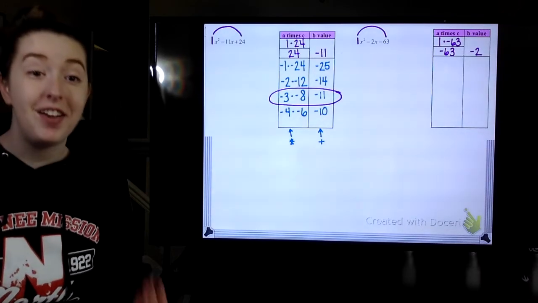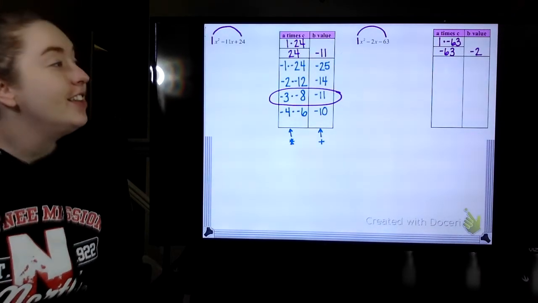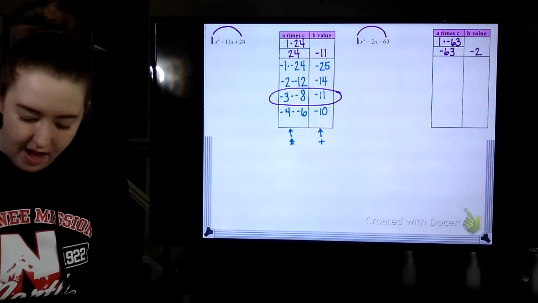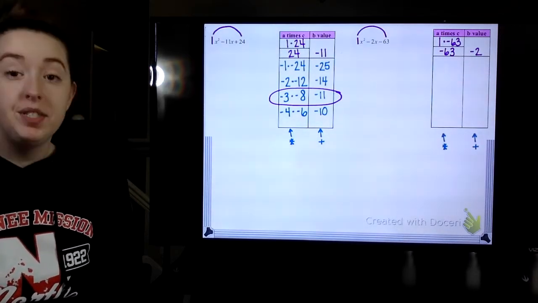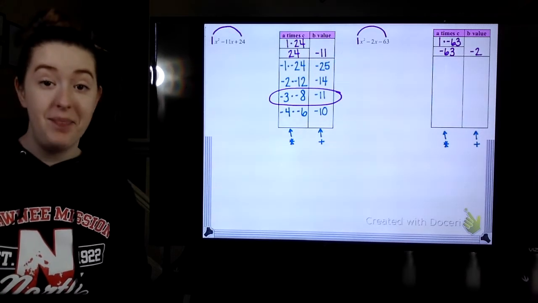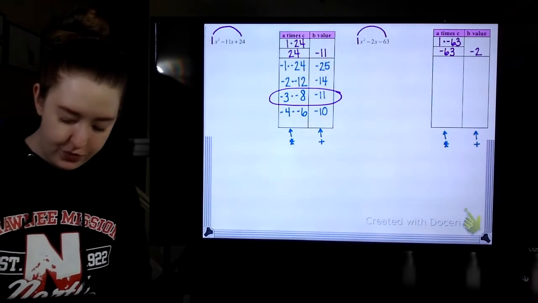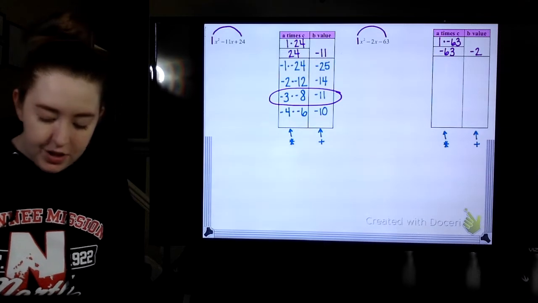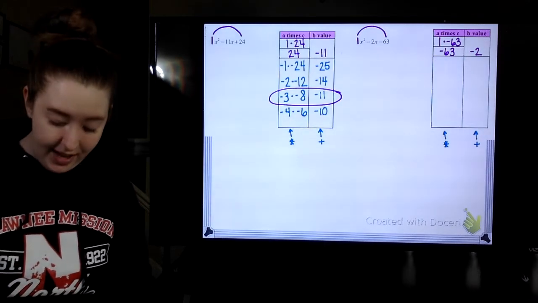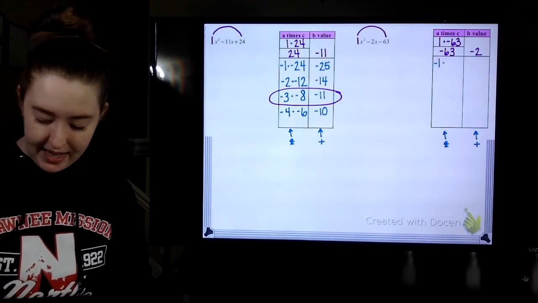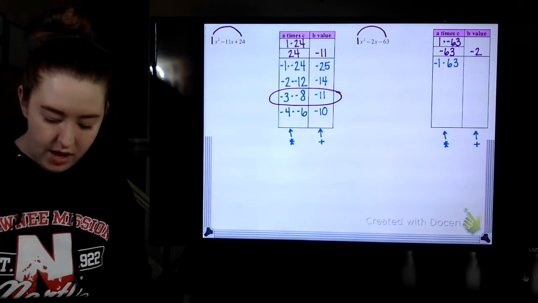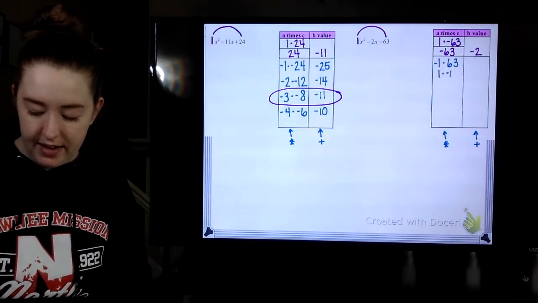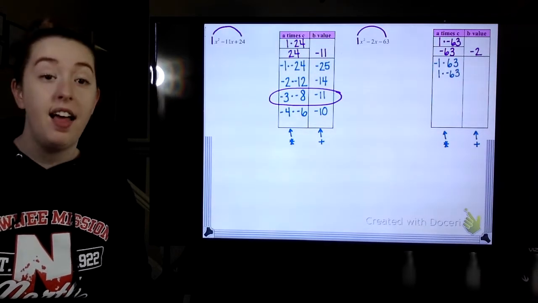Now let's do this for every other set. Over here, I want to find two numbers that will multiply to negative 63 and add to negative 2. If I'm multiplying to negative 63, one of the numbers has to be negative and one has to be positive, so we're going to have two pairs of every set of factors.